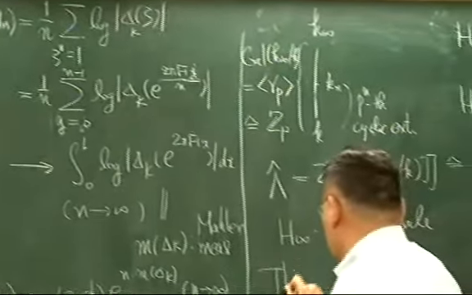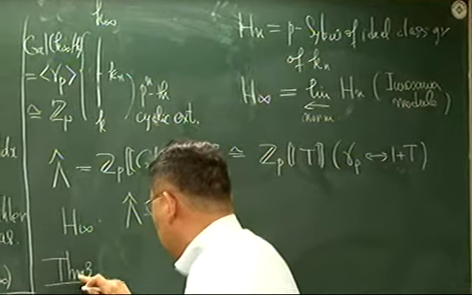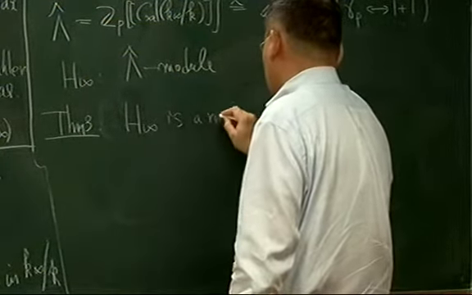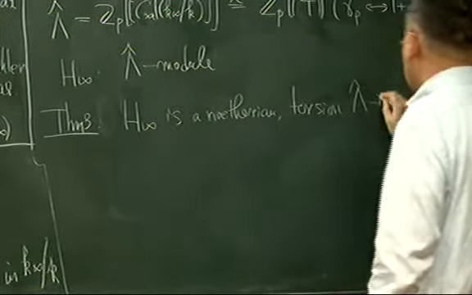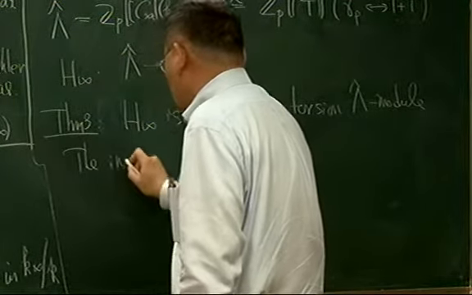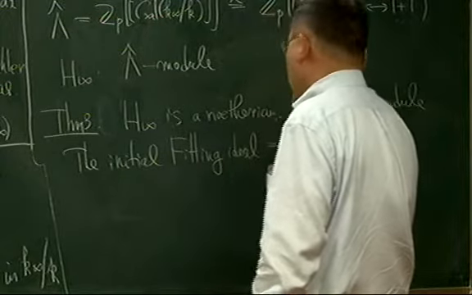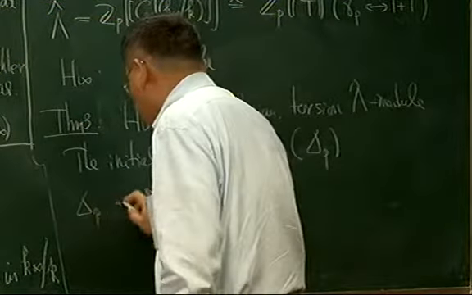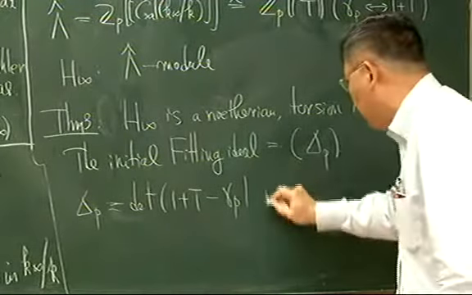Then the first well-known theorem, maybe Theorem 3, by Iwasawa, says that H infinity is a Noetherian torsion Lambda hat module, and the initial Fitting ideal is generated by the Iwasawa polynomial, which is defined by the characteristic polynomial of the Iwasawa monodromy acting on the Iwasawa module.